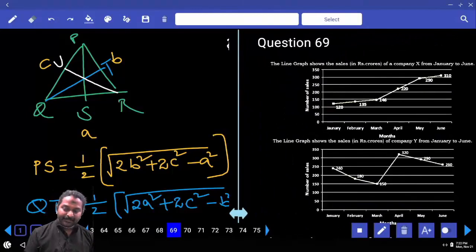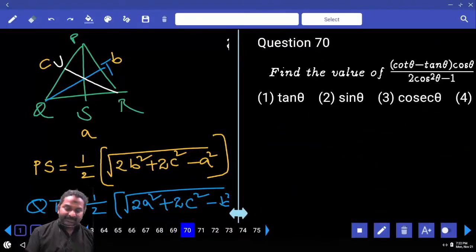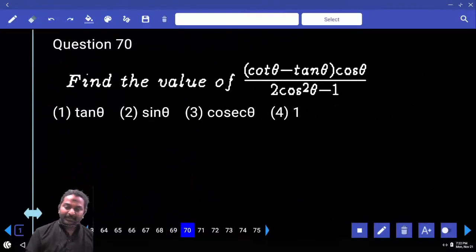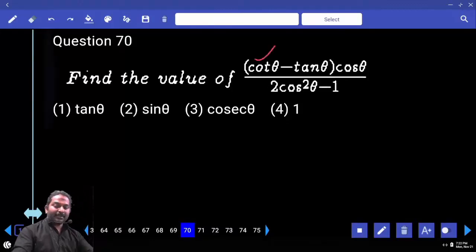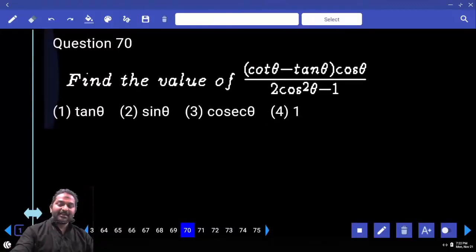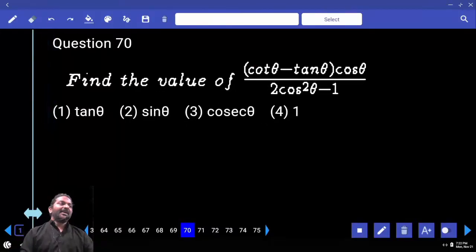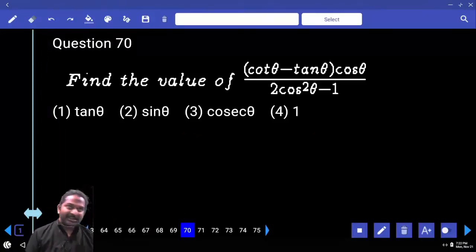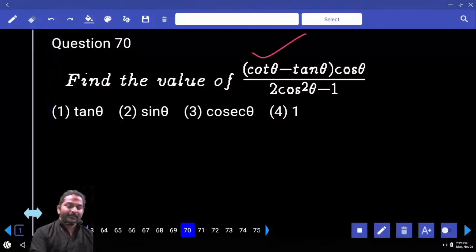69, 70. Okay. What do you mean by cot? Cos by sin. Tan, sin by cos. So I want to take the denominators common. Sin theta, cos theta. Here in the numerator, what do you get?